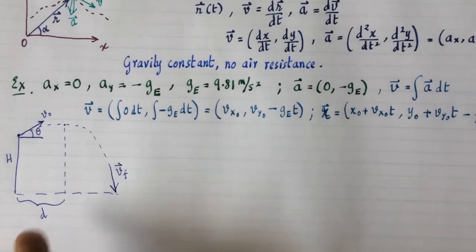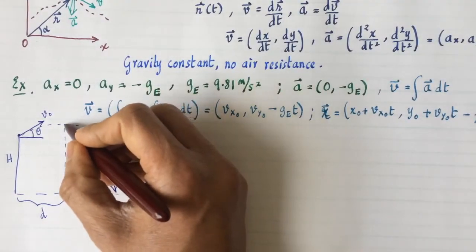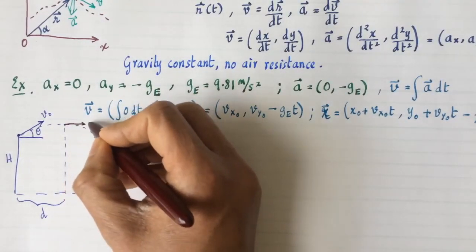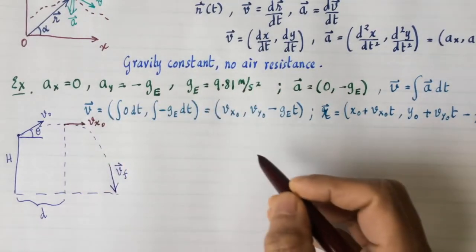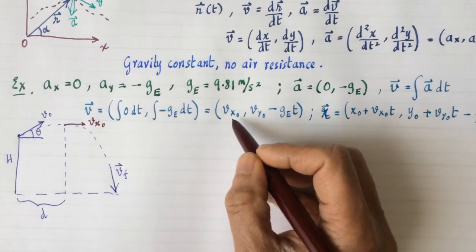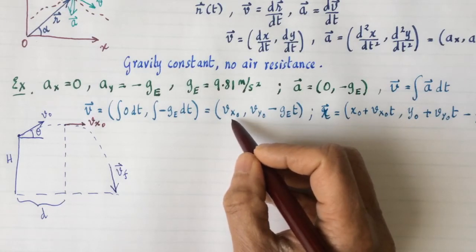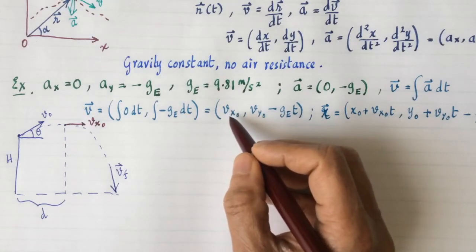To find out anything about the highest point, you have to realize that at the highest point, the y component completely disappears and you're just left with the x component of velocity, which is vx naught. Now if you look at the x component of velocity, it never changes because time is not a factor. Whatever it was initially, it will continue to be the case throughout.